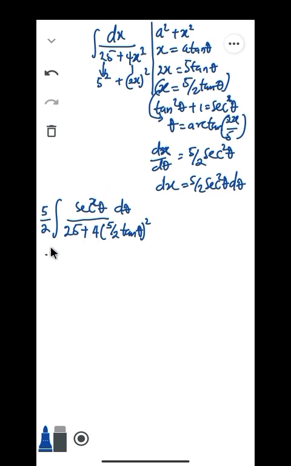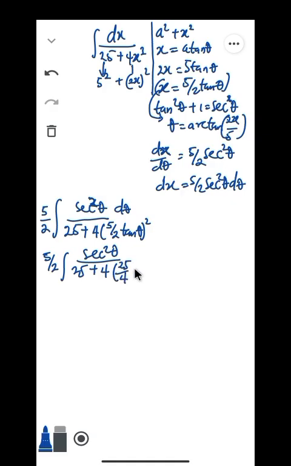So just continue simplifying this until we've gotten our final answer. It's 5 over 2 times the integral of sec squared theta over 25 plus, if I square this bracket, 5 over 2 squared should give me 25 over 4.